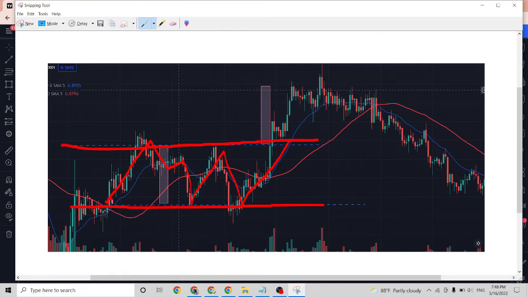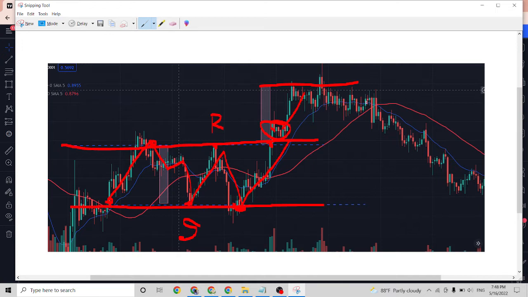Why do I see it like that? Because this is a checkpoint. This becomes support, and this becomes resistance. Confirm again, becomes support again, resistance, and then this is the break. It breaks up here.